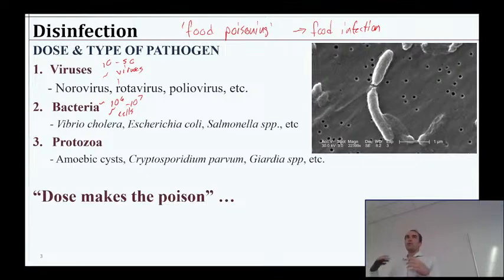Now, if you have a full stomach and not a lot of acidity or something, and you ingest a lot of them, chances are enough will get through and then can produce an infection after your stomach where there's less acid. So that's the deal with cholera. Takes a whole bunch of them, and because that's one that you could get from eating raw oysters, my recommendation is if you're ever going to eat raw oysters, you do it on an empty stomach, okay?